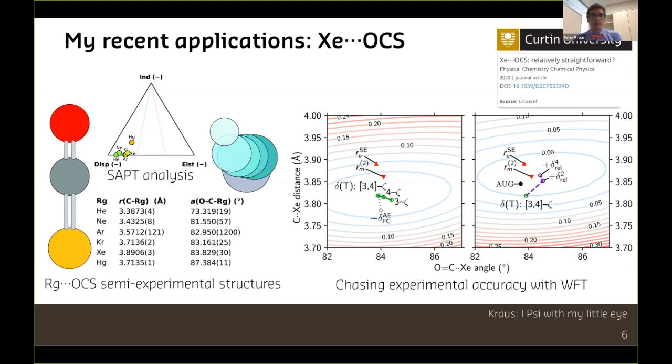Also, what is interesting is that although relativistic effects are considered in the effective core potential of these basis sets, especially for xenon, when one incorporates the Douglas-Kroll-Hess Hamiltonian into the mix, it actually also improves agreement with the results. I believe this is more of a right answer for the wrong reasons, because some of the scalar relativistic effects will be double counted, but it shows that there is a relativistic contribution that is non-negligible.